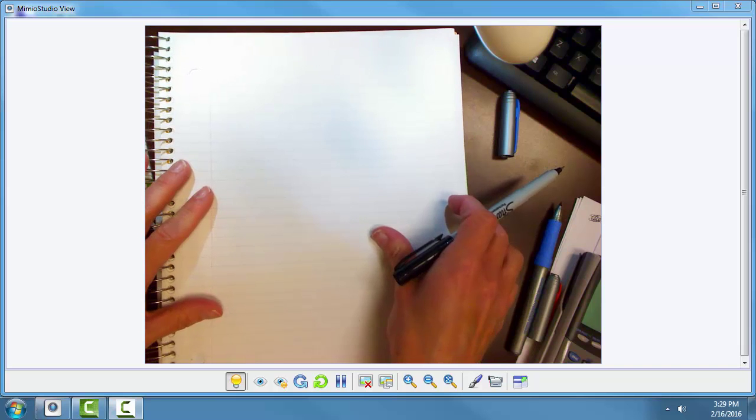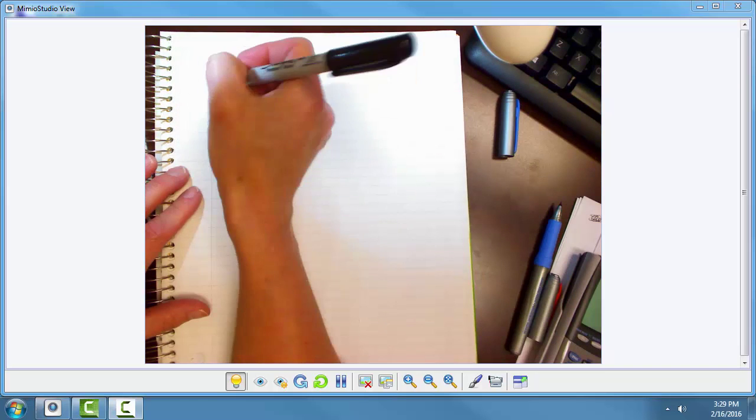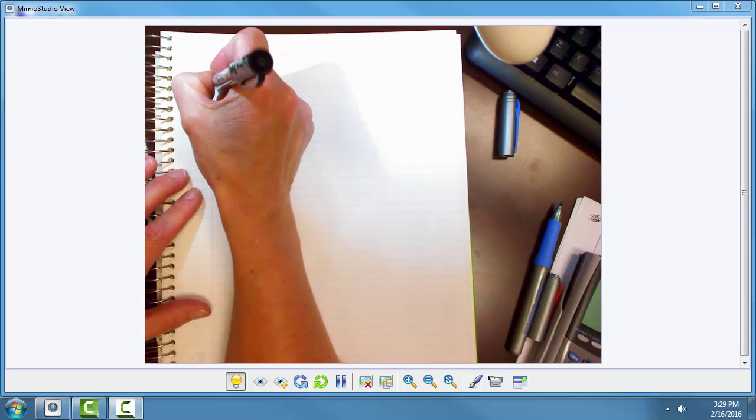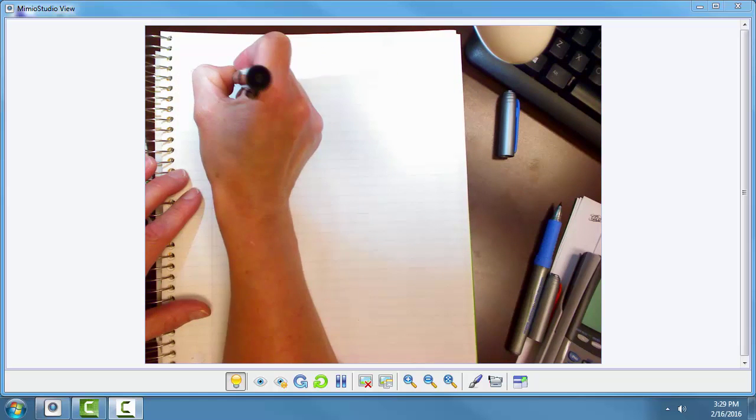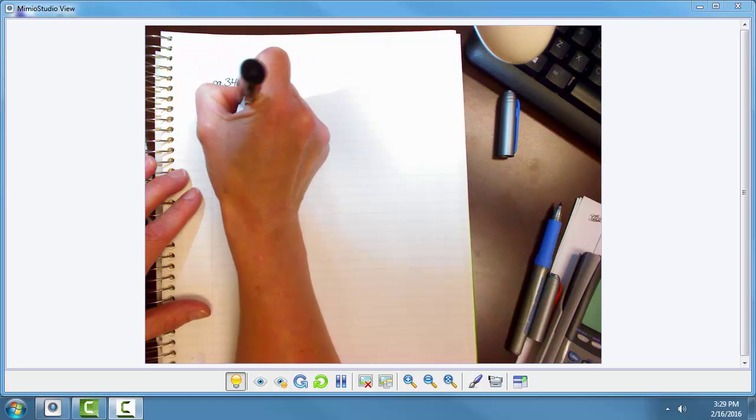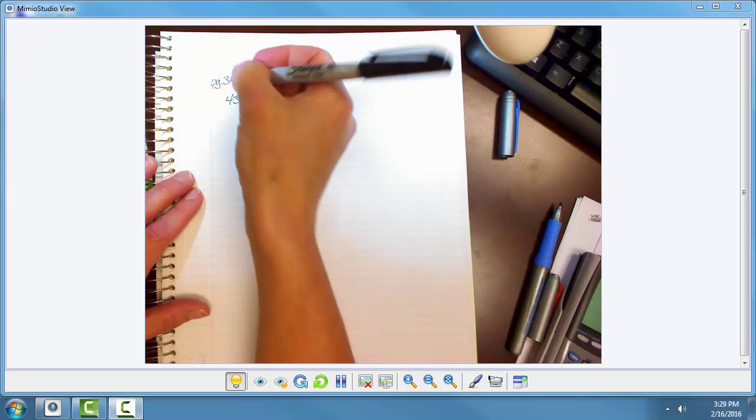Sometimes you will be given a 0 and expected to find the other zeros. I'm looking at number 43, again on page 343. And it says, given that the polynomial function has the given 0, find the other zeros.